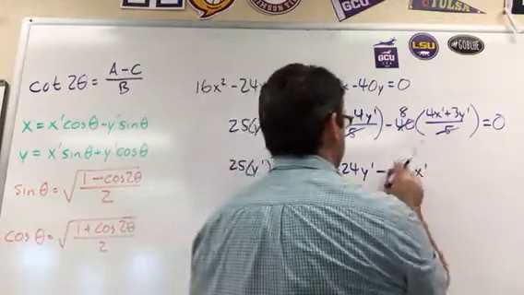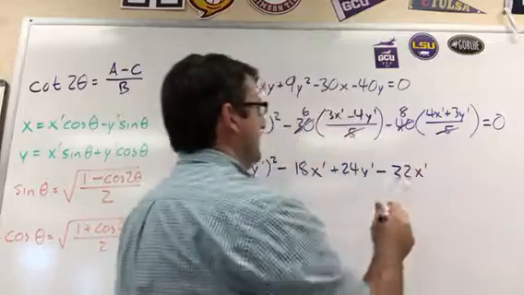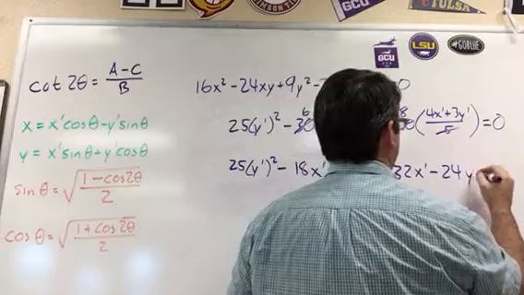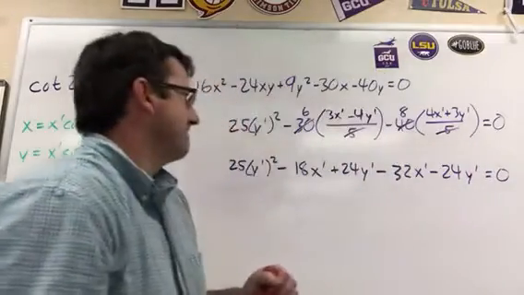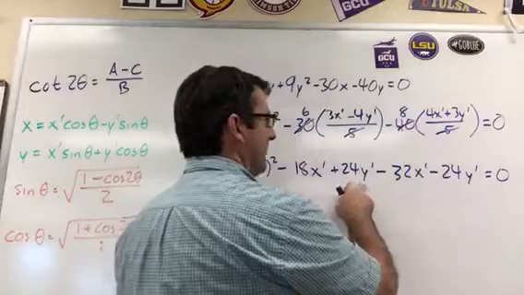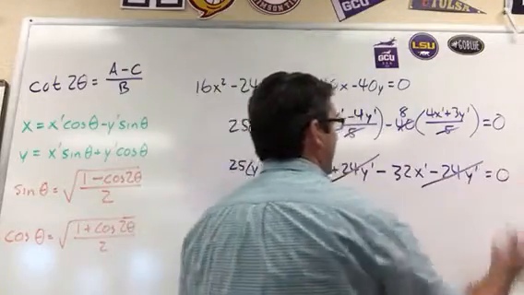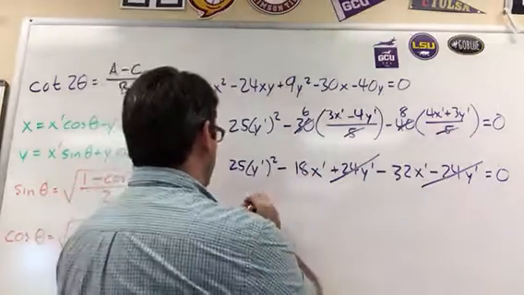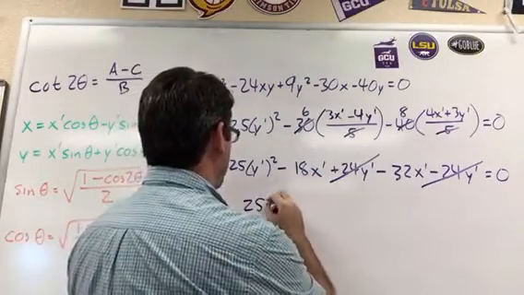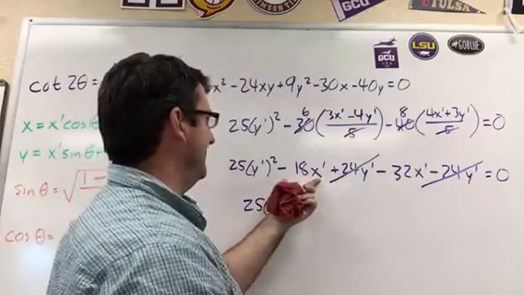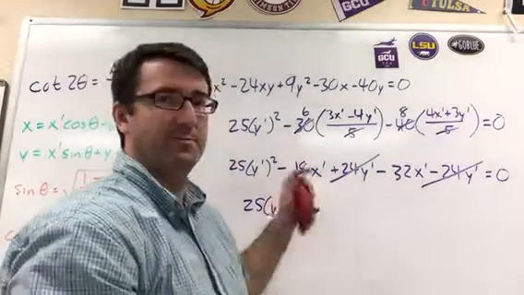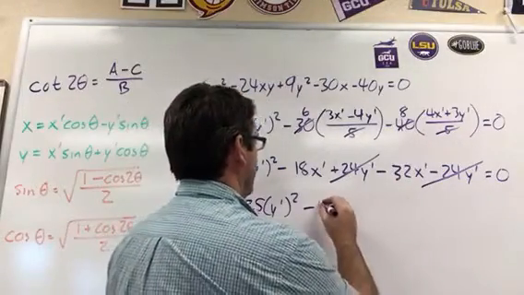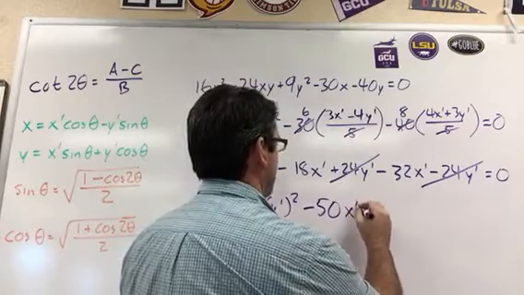Sorry, that's 32x', and then 8 times 3, negative 24y'. And now more stuff is canceling. 24y', negative 24y', that goes away. So we get 25 y' squared, and then x' and negative 18x' minus 32x' is negative 50x' equals 0.